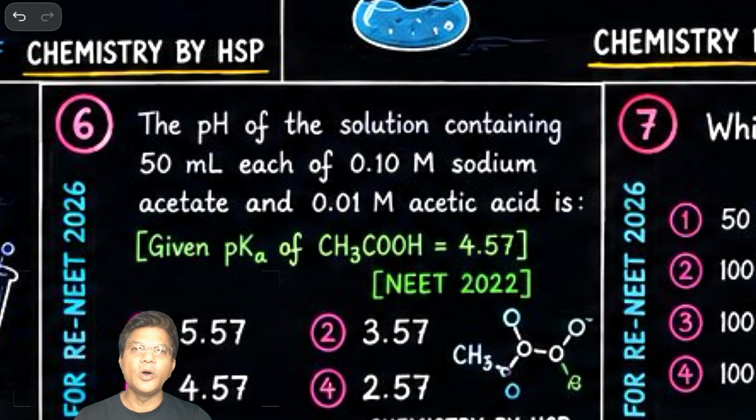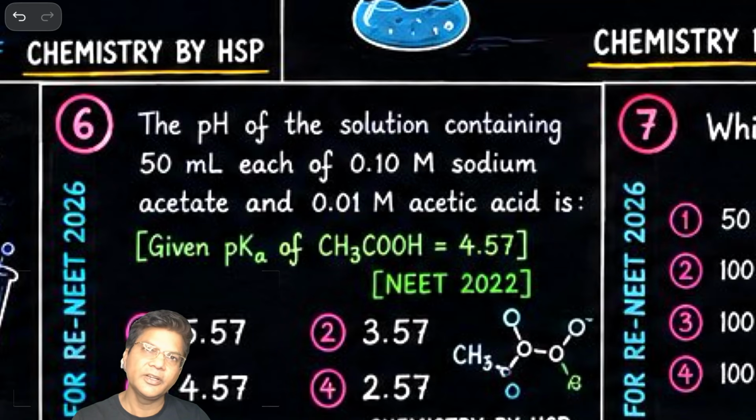If I talk about a solution of a weak acid and its salt of a strong base, this is known as an acidic buffer. Weak acid and its salt of strong base, acidic buffer. If I say weak base and its salt of strong acid, that will be a basic buffer.